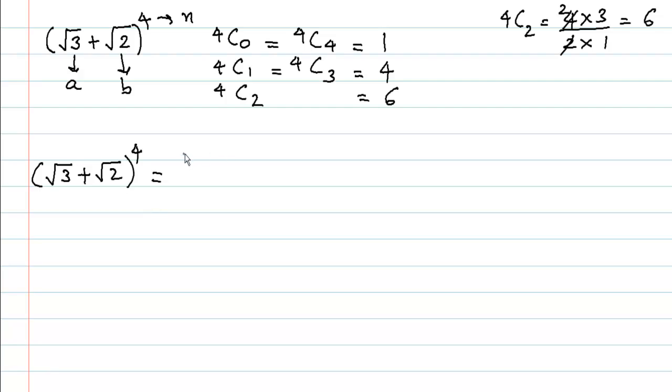is equal to 4c0. We can write 4c0 also as, in brackets, 4 and 0.